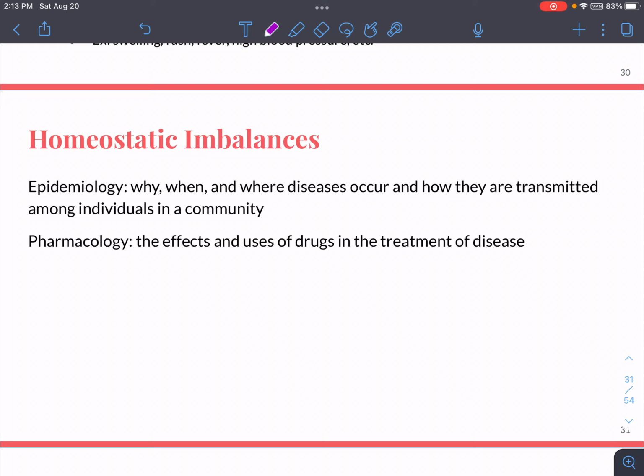Why does it affect some people one way, while other people may not have any symptoms at all? That's a question that still has a big why question mark. When? If somebody gets infected with COVID, how many days does it take before they start showing some signs or symptoms?